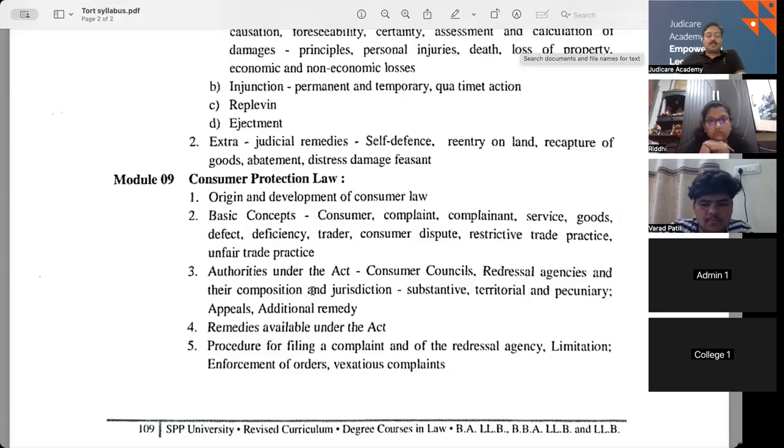While deficiency in the service is, for example, you have gone to some restaurant, and you have a big party organized there, and the services are so deficient that the guests are not served well, the food is not served on time.